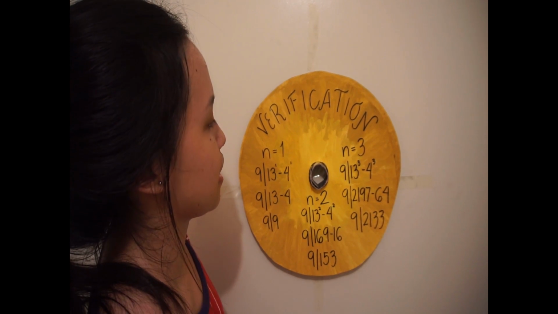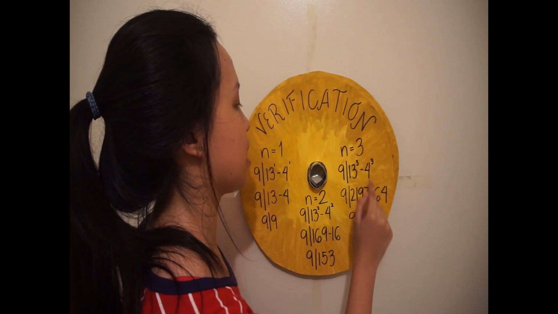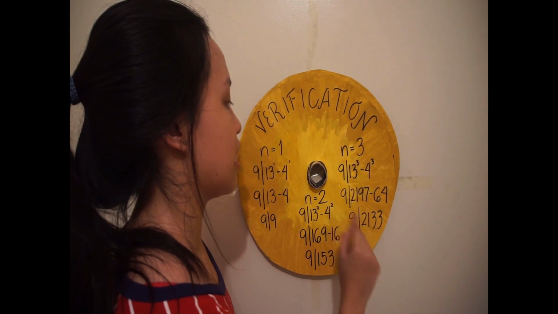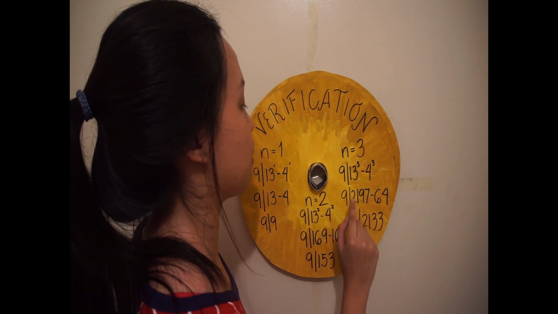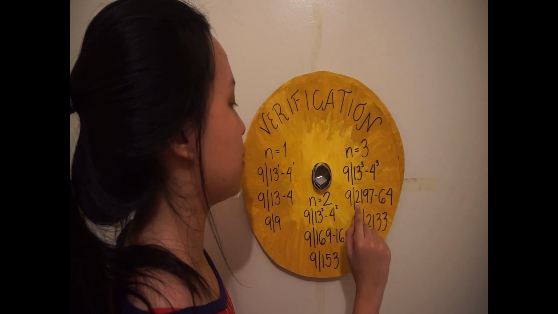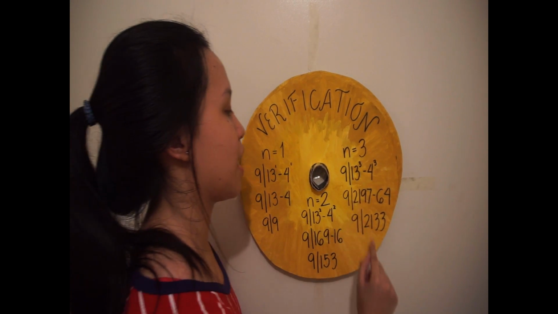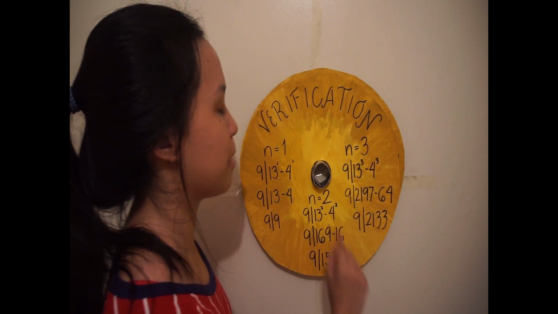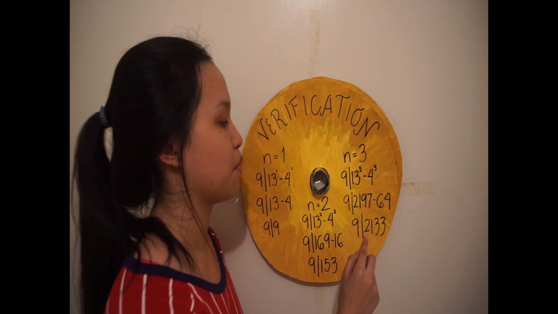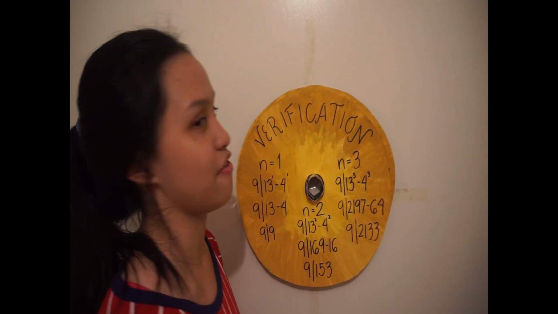The third step is 13 raised to 3 minus 4 raised to 3, which is 2,197 minus 64, or 2,133. It is divisible by 9 because dividing it gives 237.